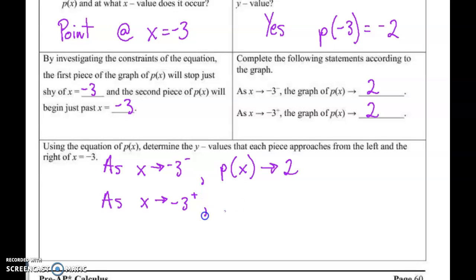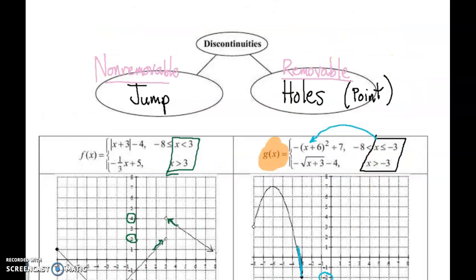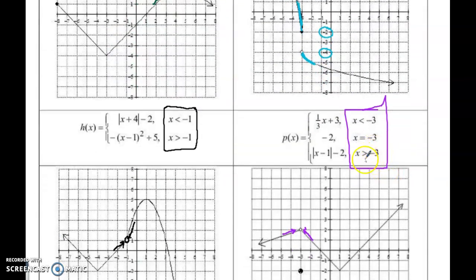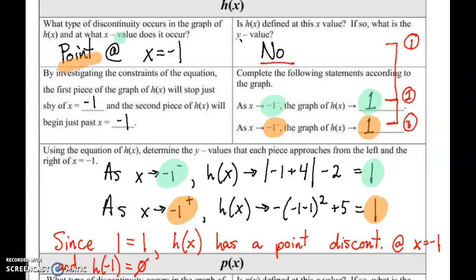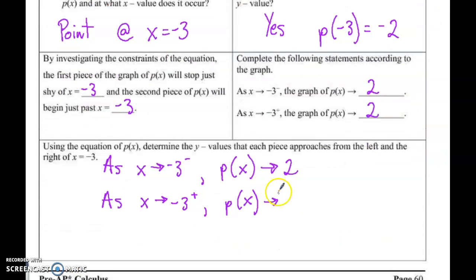Now from the right side, go to the bottom equation and plug in -3 in for that expression. So -3 is going to the bottom equation because this is the right side of -3. -3 minus 1 is -4. Absolute value makes it +4. Minus 2 is 2. If you need to write out all those steps, I would strongly encourage you to do so.